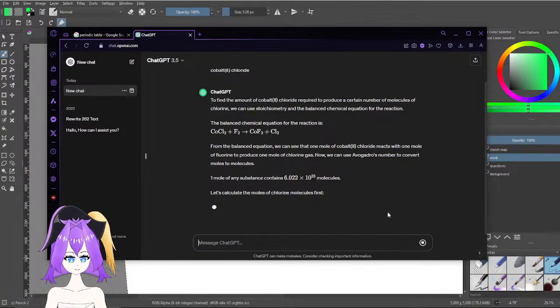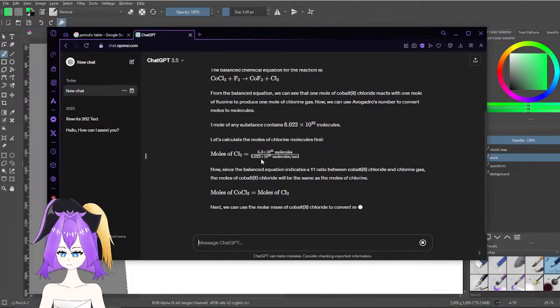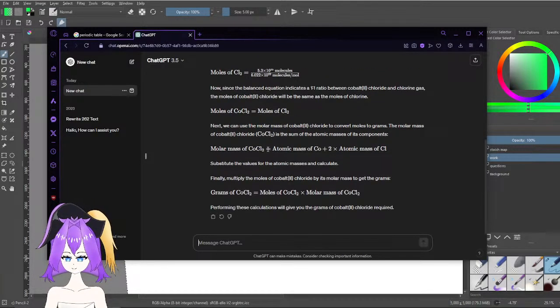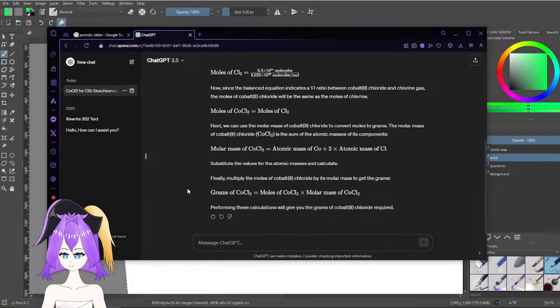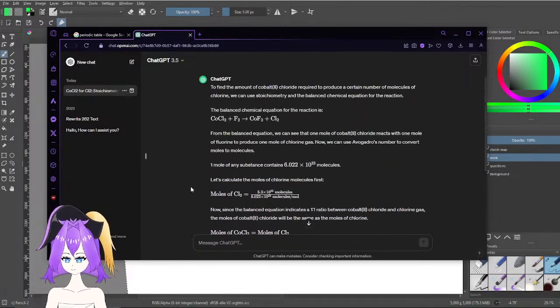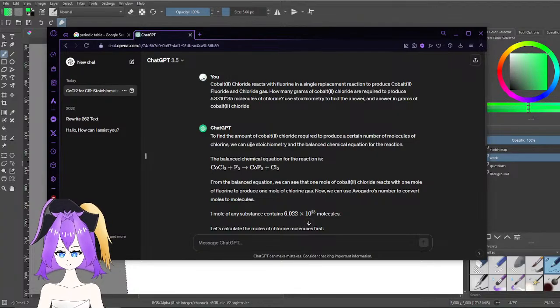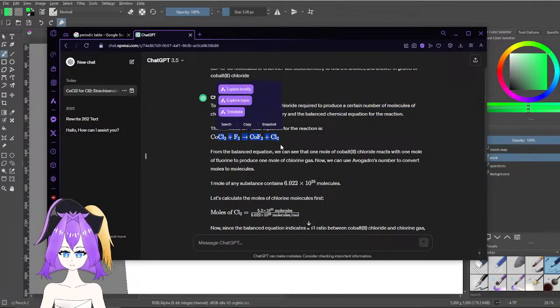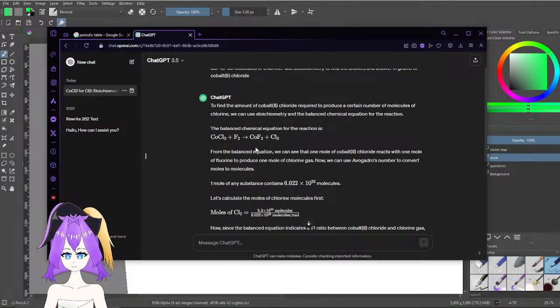Oh, yo, okay. It's cooking. It's so cooking. What is this? Oh, it doesn't even give me an answer either, which is super nice. Okay. To find the amount of cobalt 2 chloride, we can use stoichiometry and the balanced chemical equation. So I actually do get the balanced chemical equation in the problem, and it gets the balanced equation, right?